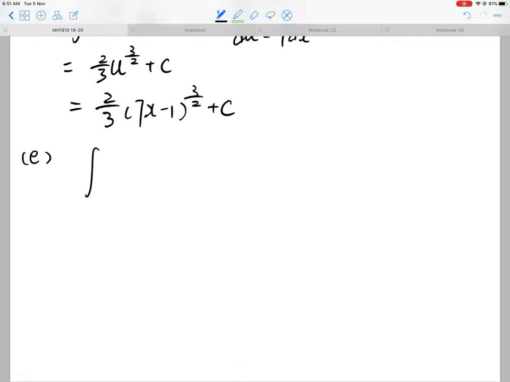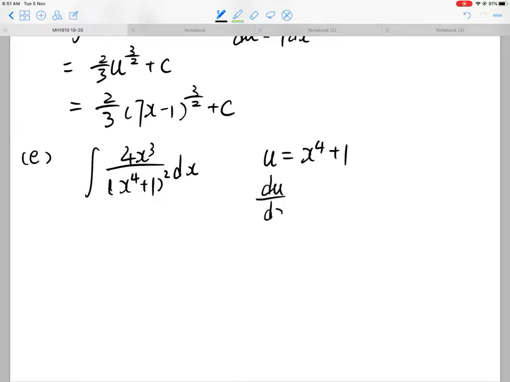Part E, the integration of 4x cubed over x to the power 4 plus 1 squared dx. All right. Now this part is a derivative of this part. Right. So you can let your u be x to the power 4 plus 1. du over dx is 4x cubed. Right, which means your du is 4x cubed dx.